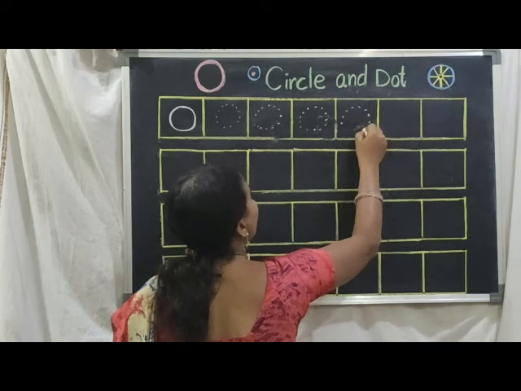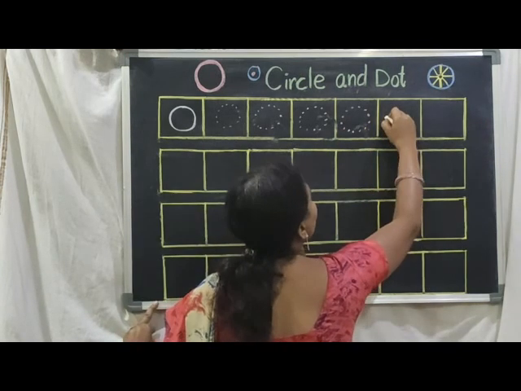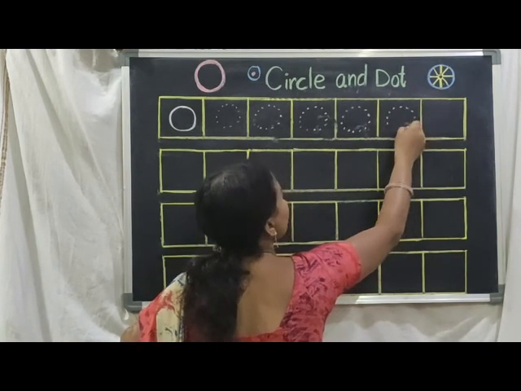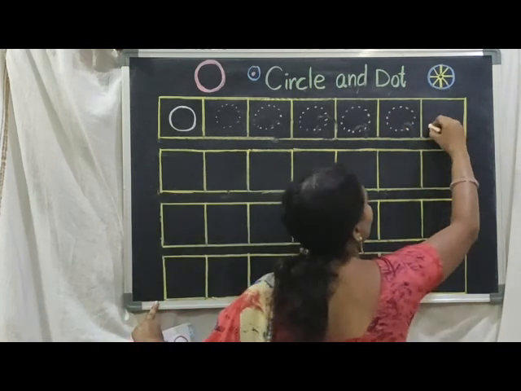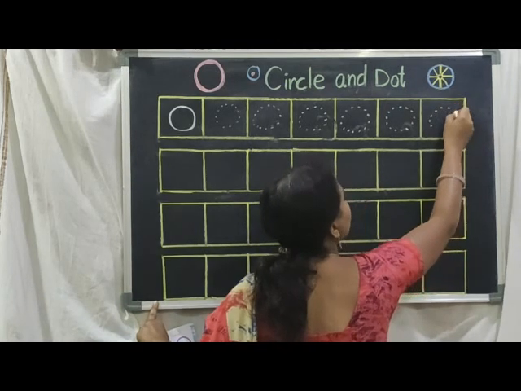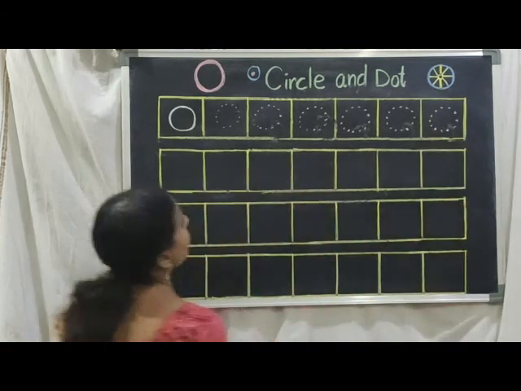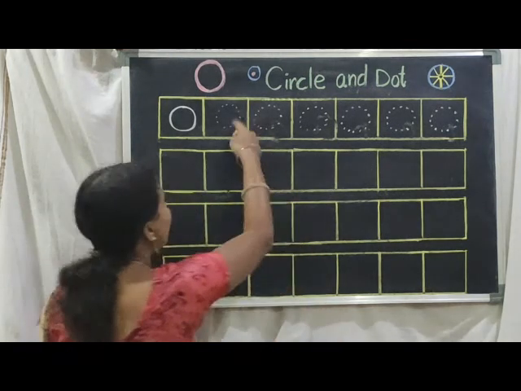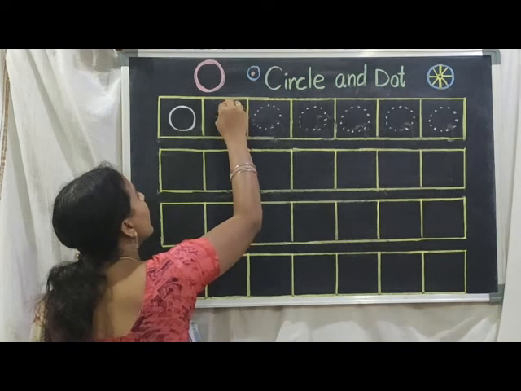These are all dots. If you are joining all these dots, what will become? We will see now. Yes. Look here, children, these are the dots. Let's join the dots, children.